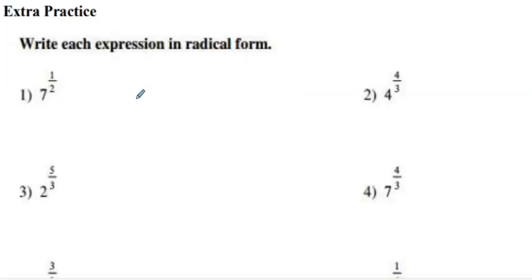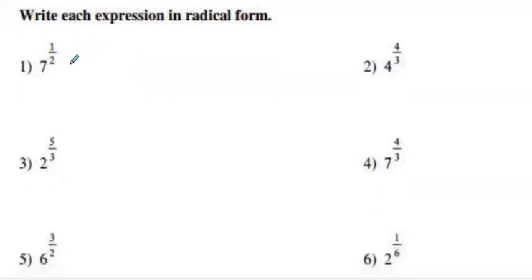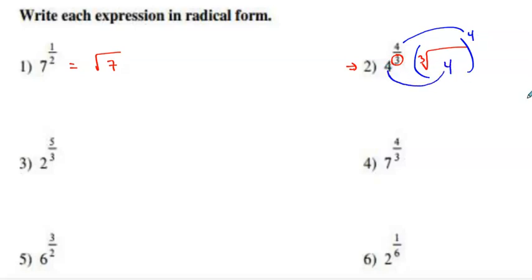All right, so let's get to some practice here. Rewrite each in radical form. Okay, so 7 to the 1/2 power is the square root of 7. So you have a fraction, so you're going to have some kind of root for number 2. The denominator is the root, and all raised to the 4th power, and then just drop your number in there.